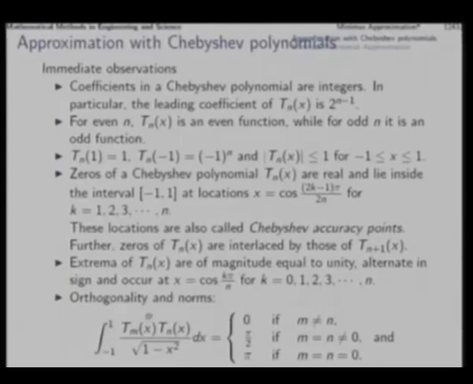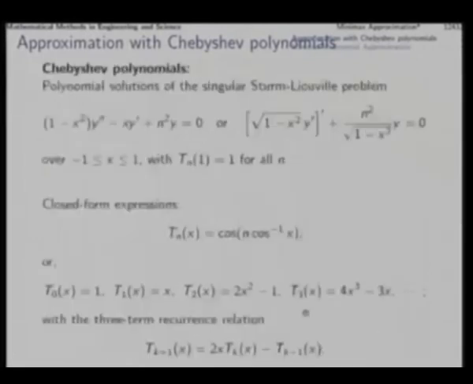Orthogonality and norms. The integral here is equal to 0 for m not equal to n; that is the outcome of the result on the Sturm-Liouville problem. Here you see that the function p(x) is 1 by root over 1 minus x square.